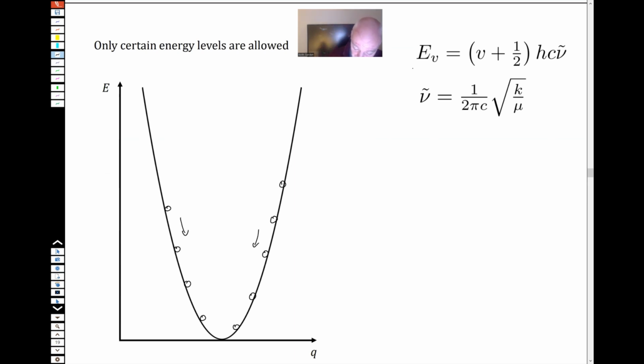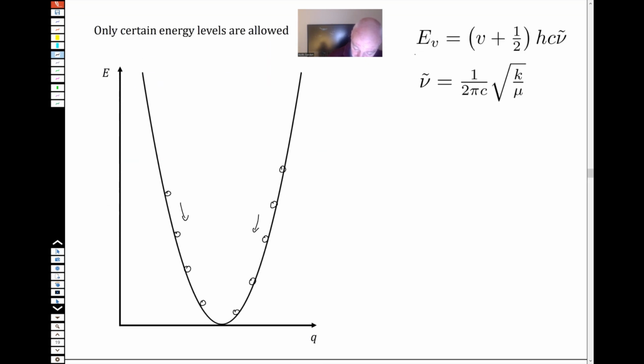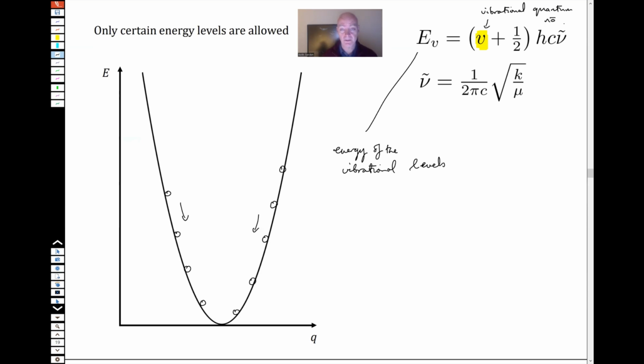And so what happens is that the energy of vibrational levels is related to a vibrational quantum number and some other parameters.